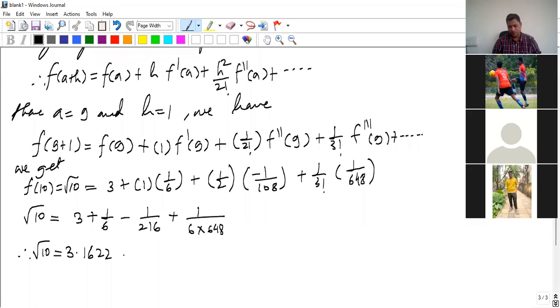Some more digits. As I said, we have to take the 6 digits, so we can claim that it is correct up to 4 digits. If you say only 4 digits, then it becomes difficult to see how it is correct. So we have to write 4 more digits, so you can claim that it is correct up to 4 decimal places. 1622. What are the next 2 digits? 94. Okay. So this is approximately.